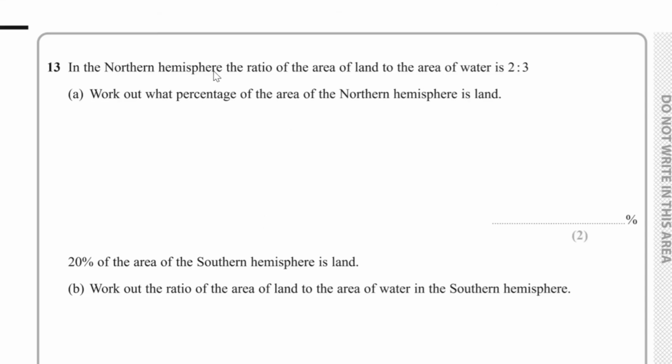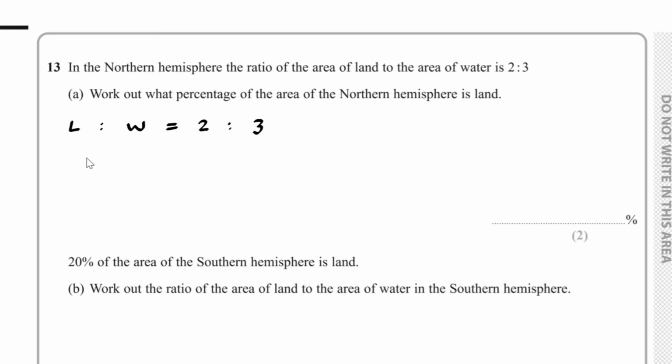Question number 13. In the northern hemisphere, the ratio of the area of land to the area of water is 2 to 3. We have to work out what percentage of the area of the northern hemisphere is land. So we've got the ratio of the land to water equaling 2 to 3. We can find out the total number of parts we have.